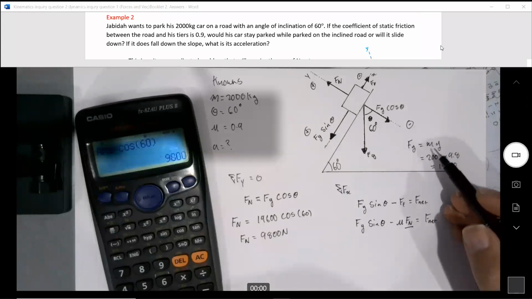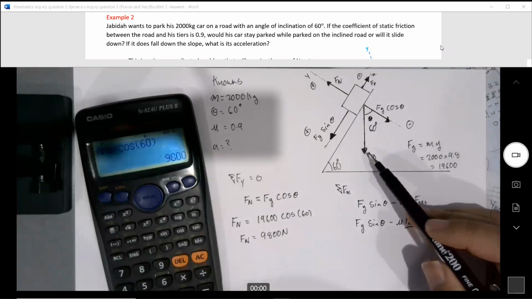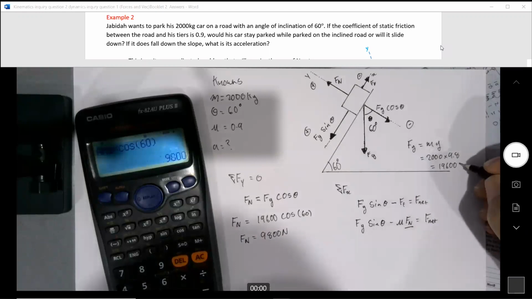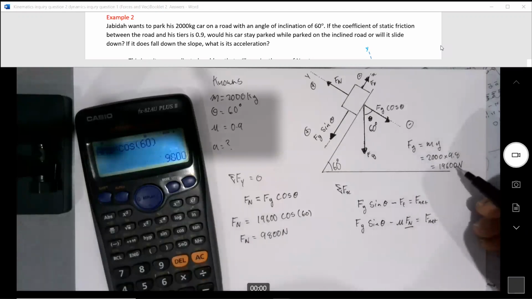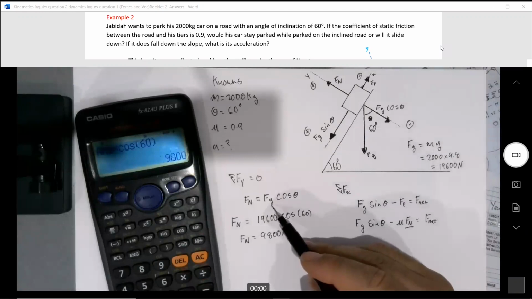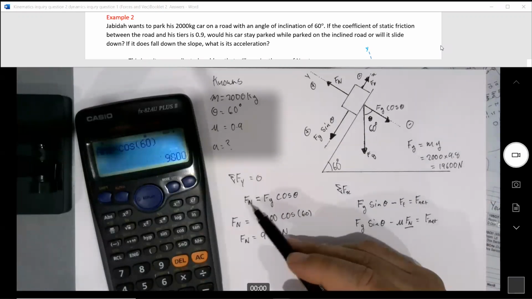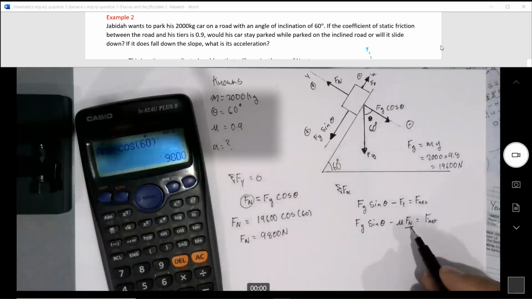Okay. So we calculate the weight force. The entire weight force of the vehicle is equal to 19,600 newtons. And what we can do now that we have that Fg value is go onto this side and solve for the cosine component of the weight force in order to get that normal force value that we need, so we can substitute here.